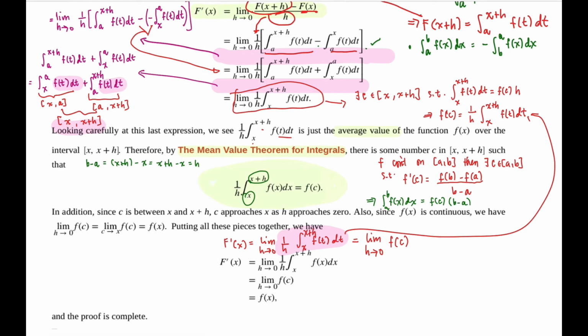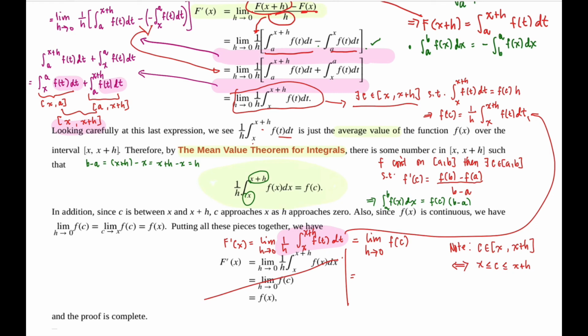Now, to evaluate this limit, note that, what do we see? c is between x and x plus h. Or we can write this equivalently as x is less than or equal to c and c is less than or equal to x plus h.